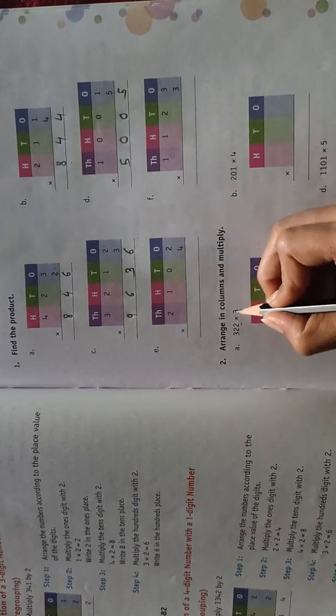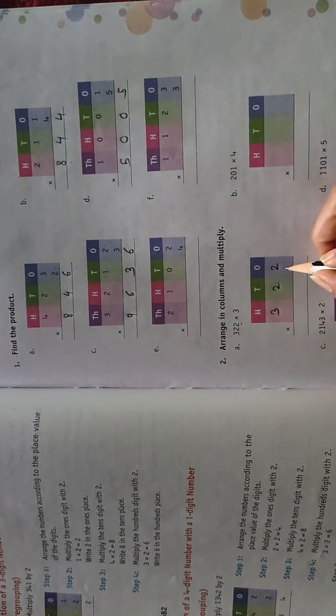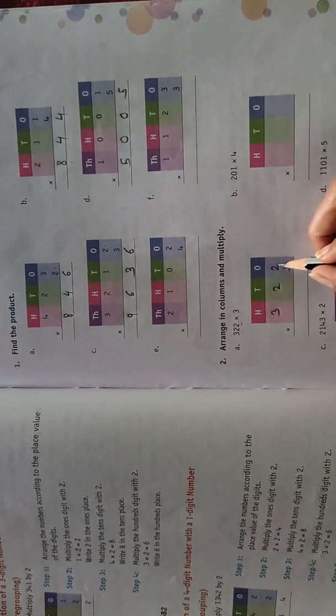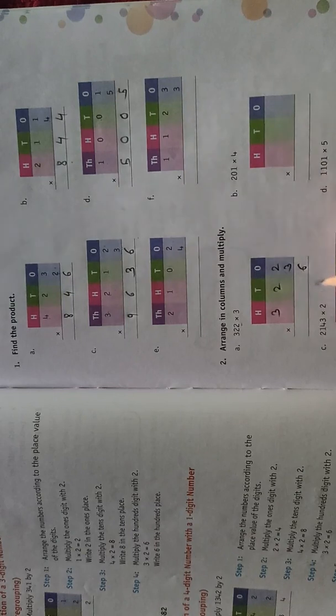Again 3, as it is a one-digit number, we will write on ones place. Starting from ones column, count the table of 3 up to the given digit. So 3 twos are 6. Again 3 twos are 6 and 3 threes are 9.